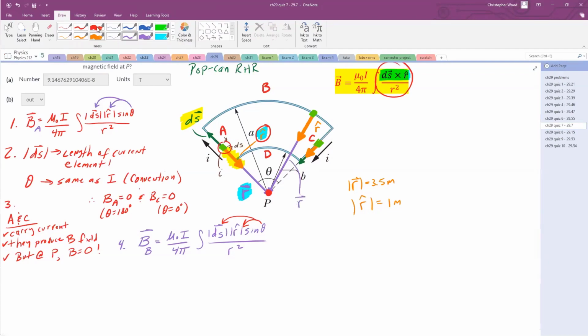What else do I need? The size of this differential element is still teeny tiny ds. But I need to worry about a ds vector, and it's different. It's tangent to that arc right there. So this is vector ds.